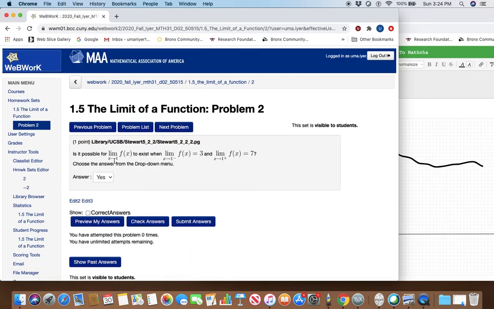Is it possible for the limit as x approaches 1 of f(x) to exist when the limit as x approaches 1 from the left of f(x) is 3 and the limit as x approaches 1 from the right of f(x) is 7? Well, the answer is no. If the left-hand limit is different from the right-hand limit, the limit does not exist.